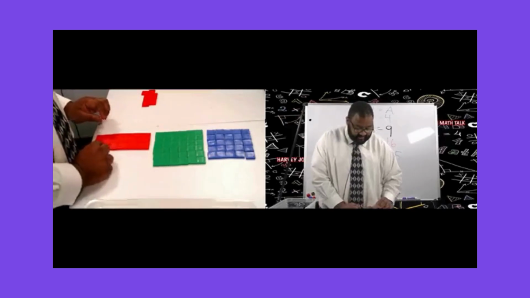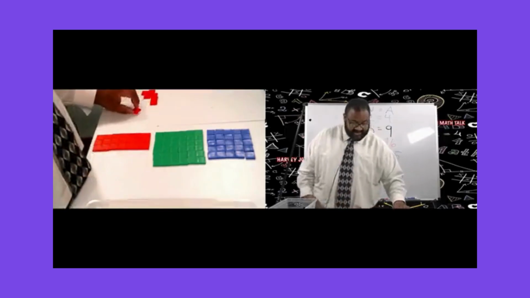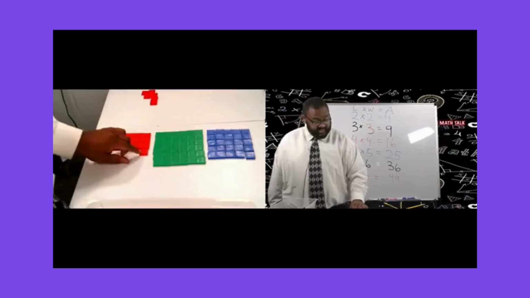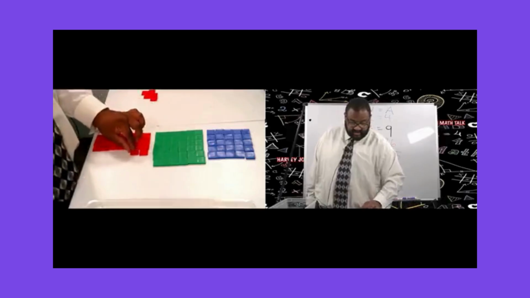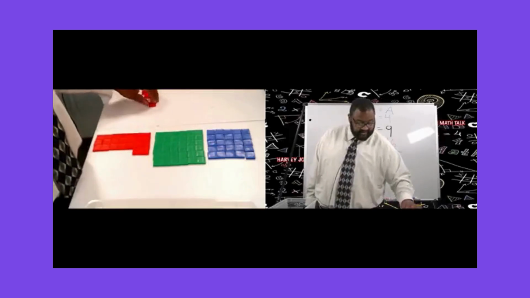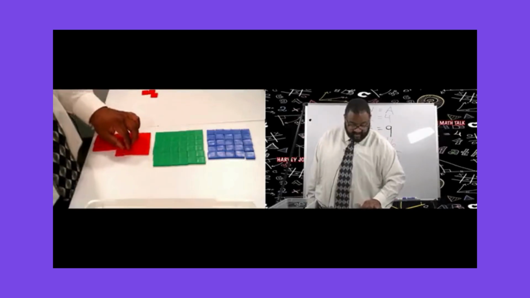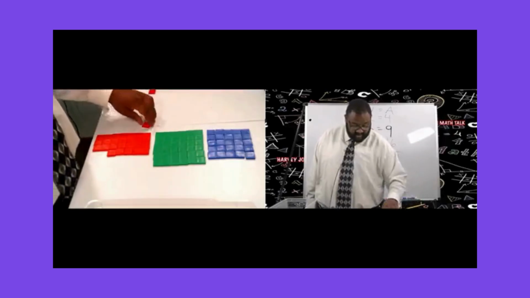The width is 6. The green one is, I'm sorry, 5. Blue is 5. I made a mistake. Green is 6. 1, 2, 3, 4, 5, 6. So I have a 5, 6, and I'm working on my 7th one right now. So bear with me.